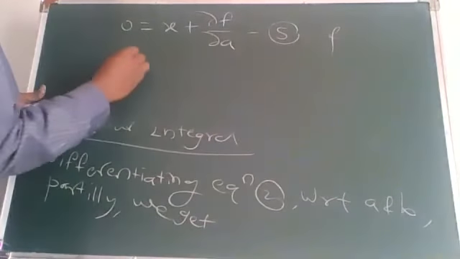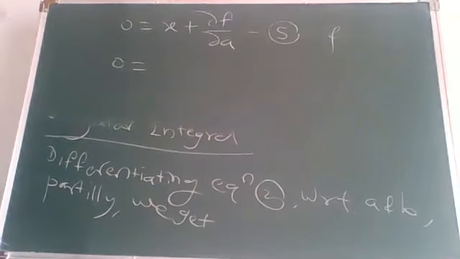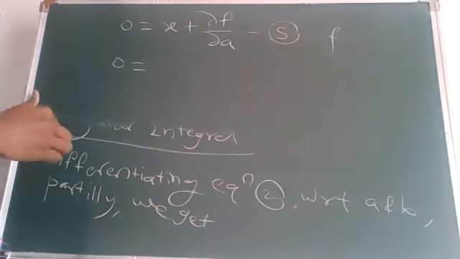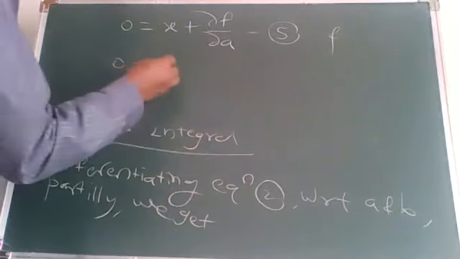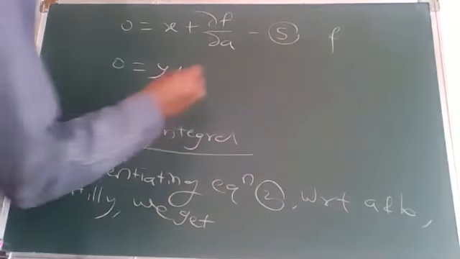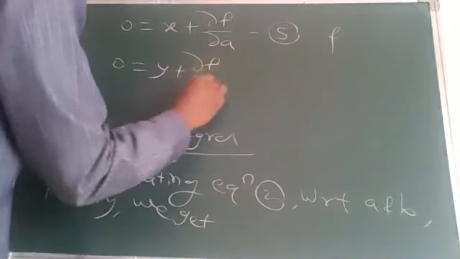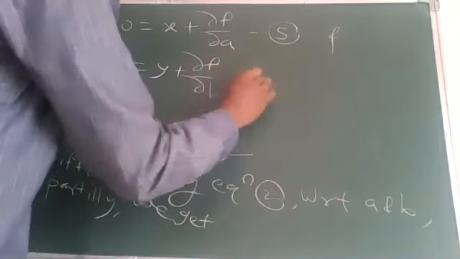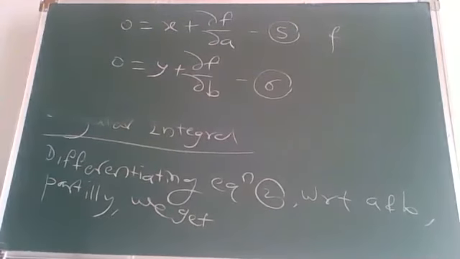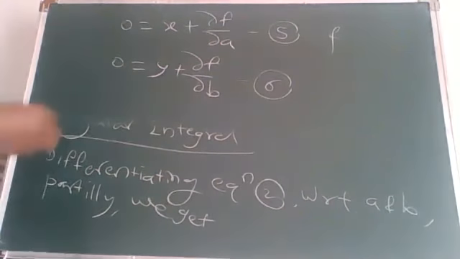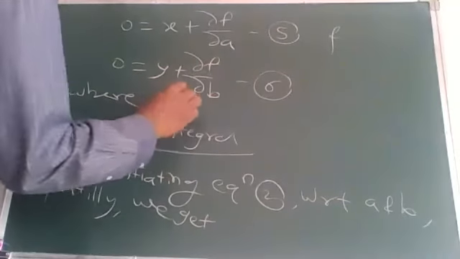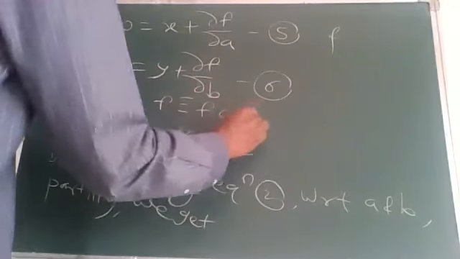And the second equation with respect to b: 0 is equal to the derivative of ax with respect to b, that is 0, plus y, plus the derivative of f of ab with respect to b, that is dou f by dou b. Denote this equation by 6. Again here f is a function of ab.